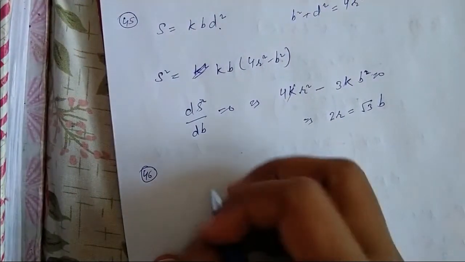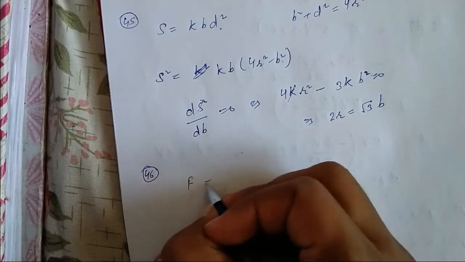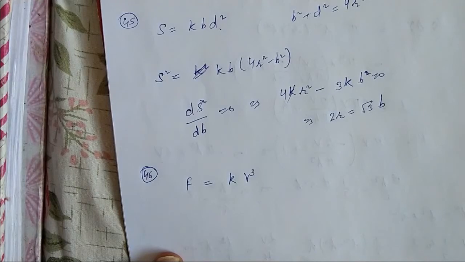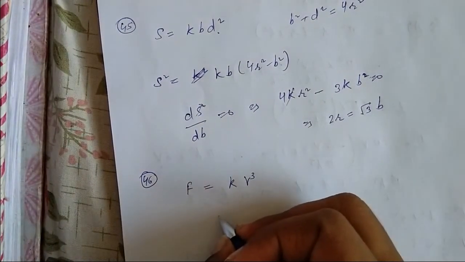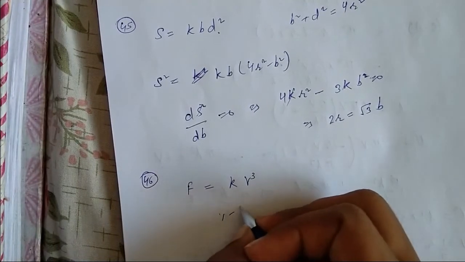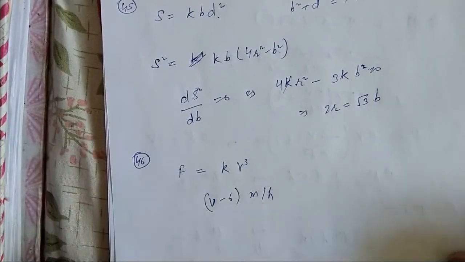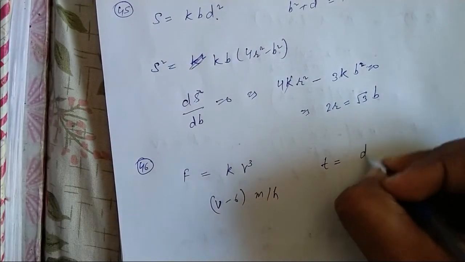If it moves against the stream flowing at the rate of 6 miles per hour, the economical speed is? The relative velocity of the boat would be v minus 6 miles per hour. But the boat needs to travel constant distance, which is d. So time taken by the boat would be d upon v minus 6.